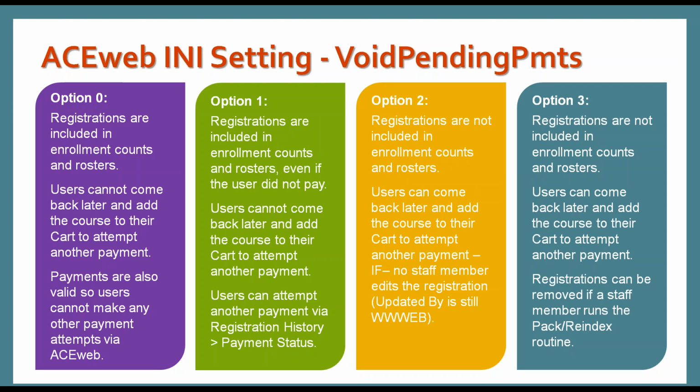So someone accidentally left your ACEweb site, got to the payment gateway site and said, oops, I didn't mean to do that, let me hit my back button. If you have it set to option 3, and again, if your payment gateway supports some of the options that can accommodate this, this is the best method to resolve cleaning up any of those ACEweb pending payments.